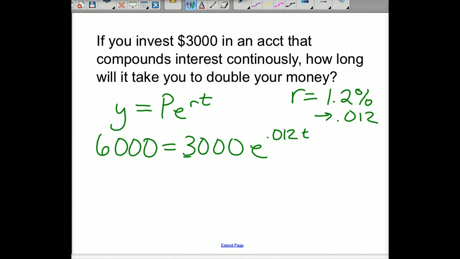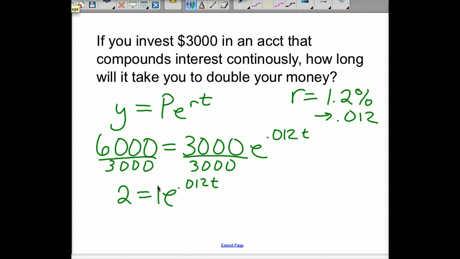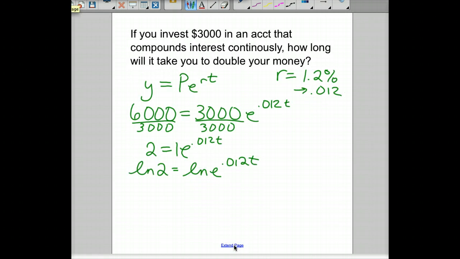So we divide by 3,000 on both sides. So really that 3,000 was not important for this example because we could double our money. If this is the initial amount that we invest, 2 would be the doubling of that. So either way, we're going to take the natural log of both sides so that we can solve for t.